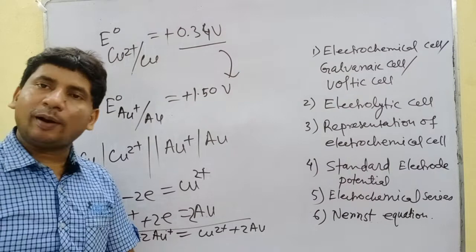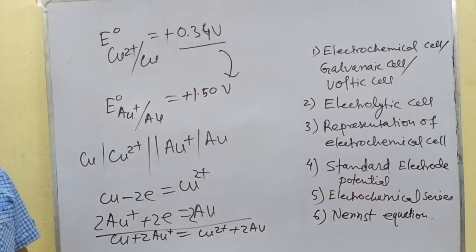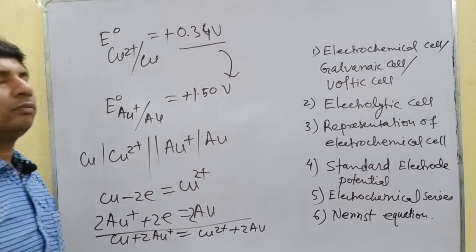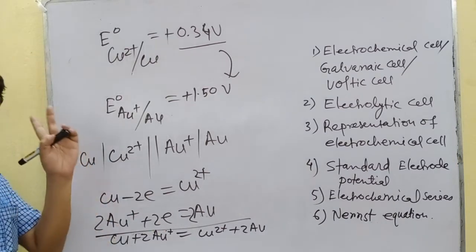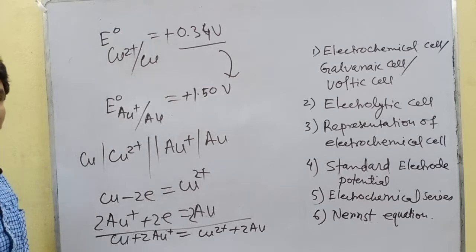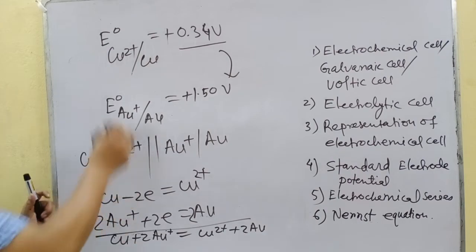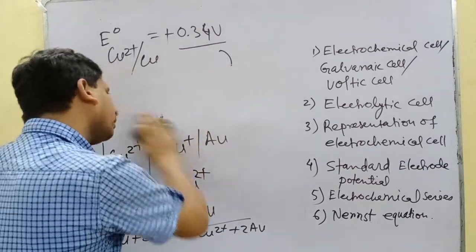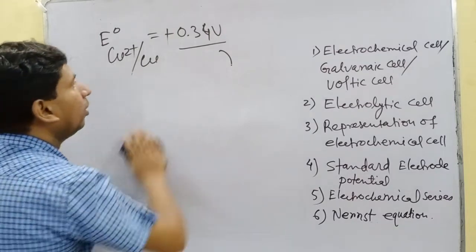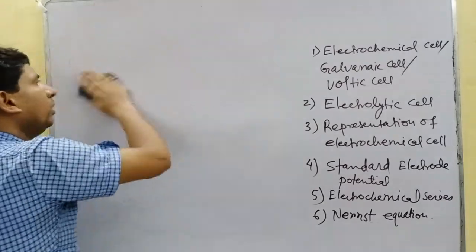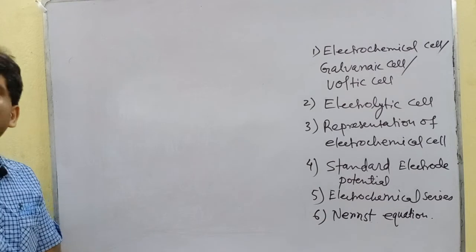So how can we determine which will be oxidized and which will be reduced? We can see the reduction potential or electrode potential. There is an electrochemical series, and from it we can determine which will be reduced and which will be oxidized.